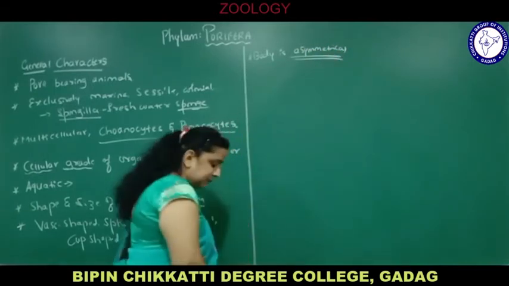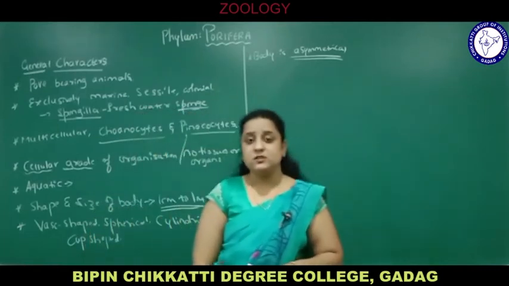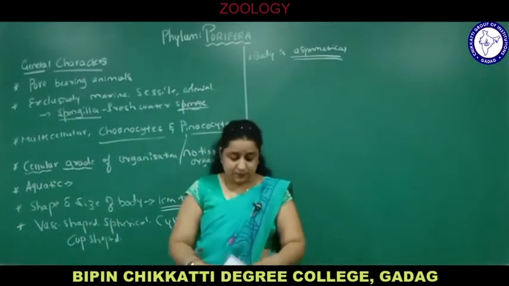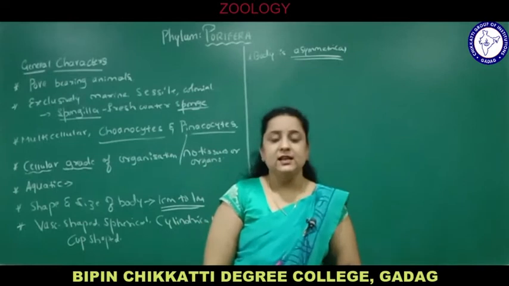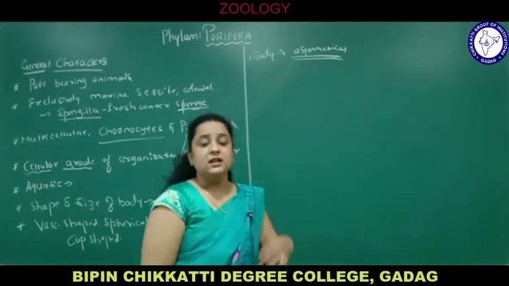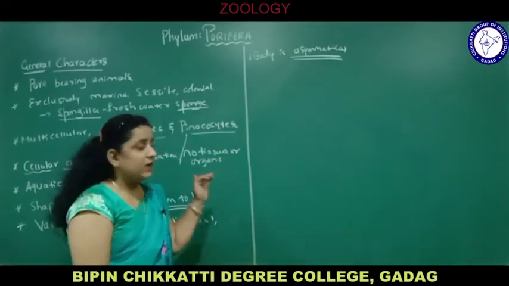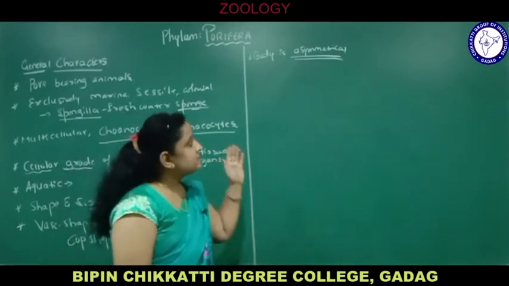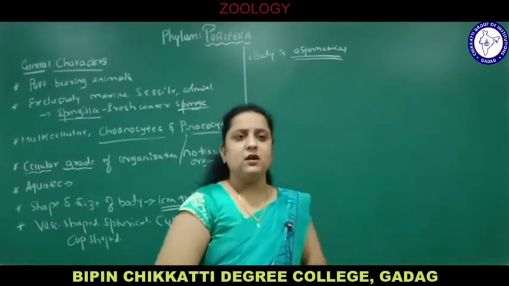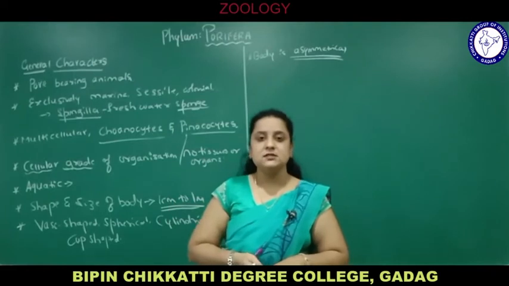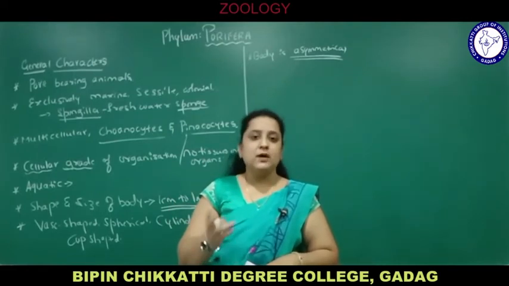What do you mean by symmetry? You already studied it in first B.Sc, chapter 4, animal kingdom: the different levels of organization, the different bases of classification of animals, one among them being symmetry. Symmetry means if you cut the animal body into two equal halves, the two parts will be equal.